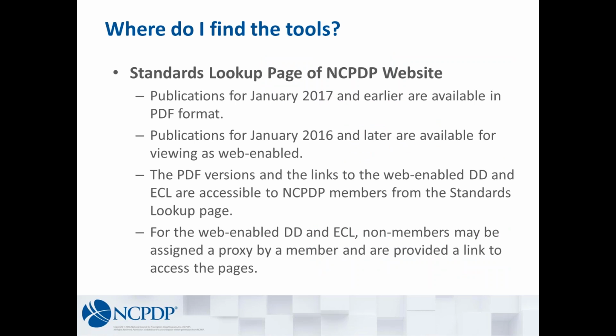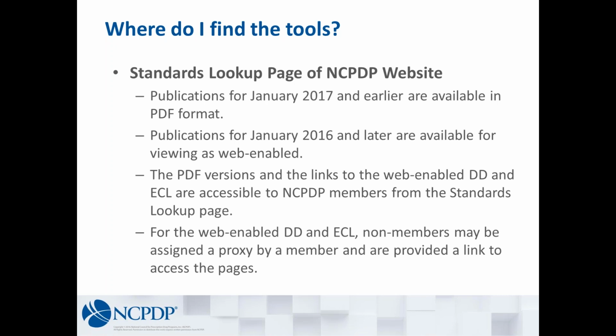So where do you find these tools? They're currently accessed from 2 different locations. You access them from the standards lookup page of the NCPDP website, which is actually part of your members only. The publications for January 2017 and earlier are available in PDF format from links on that page.